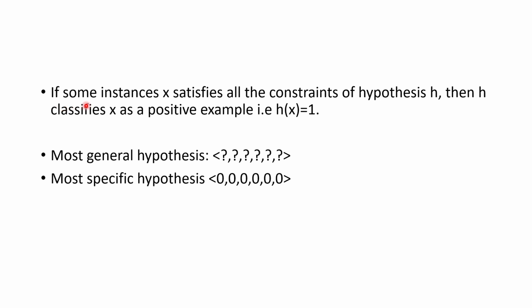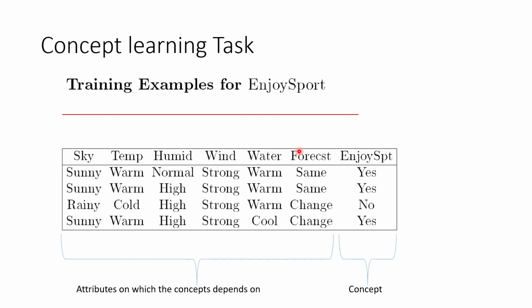If some instance x satisfies all the constraints of hypothesis h, then h classifies it as positive. It is written as h(x) equals 1. So this constraint has to be satisfied: sky should be sunny, temperature should be warm, humidity should be normal, wind should be strong, and so on.